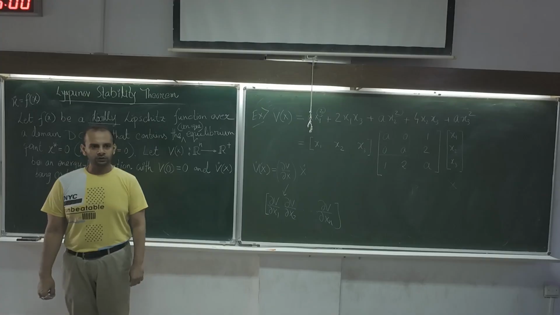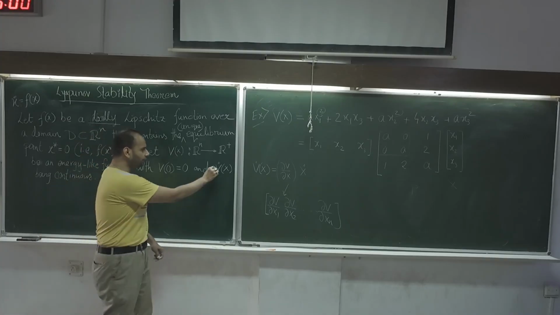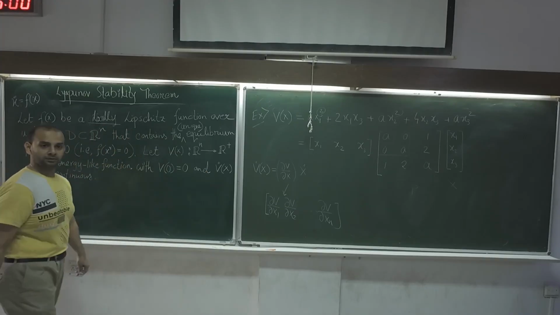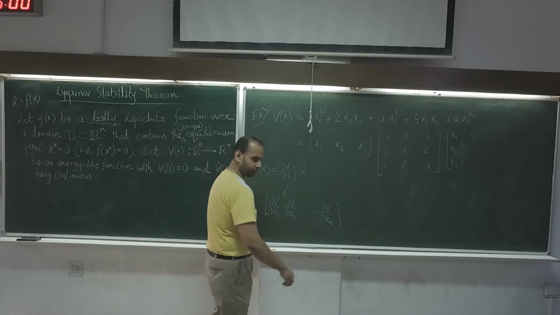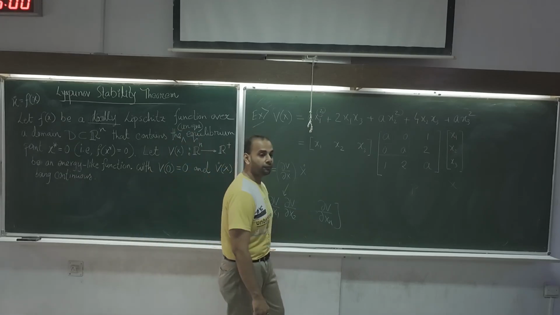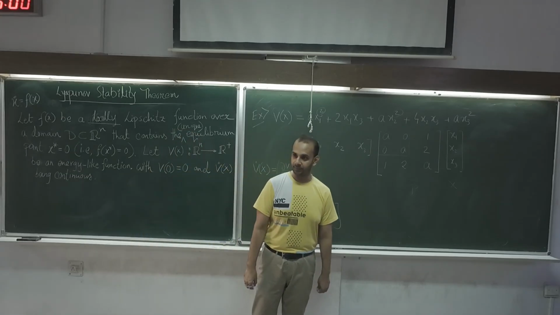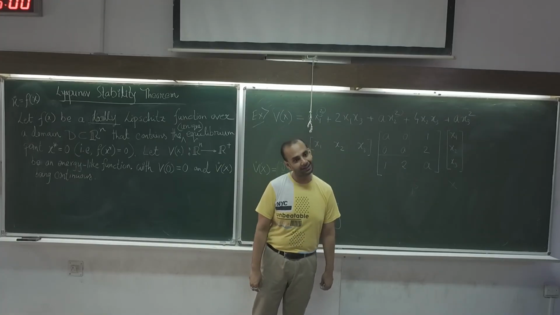In some books, instead of V dot x being continuous, they write, even you also said the same thing, with first partial derivatives, right? Now, are they equivalent or is there a glitch?